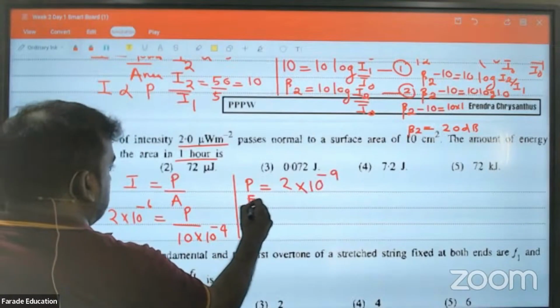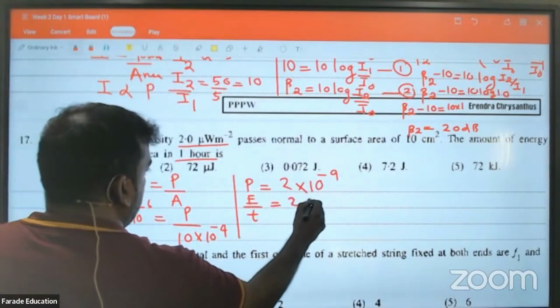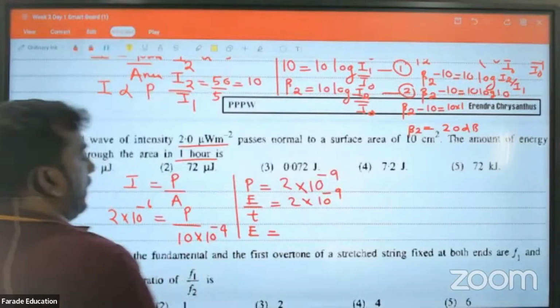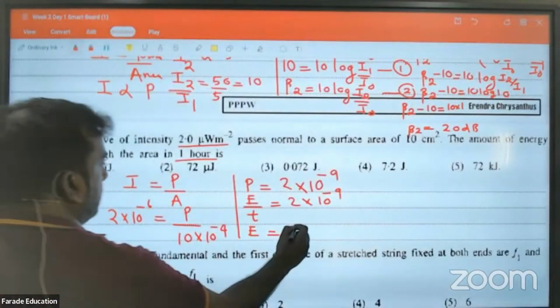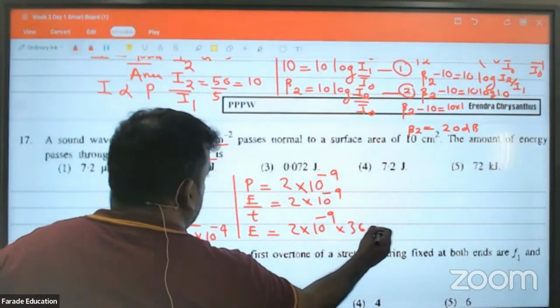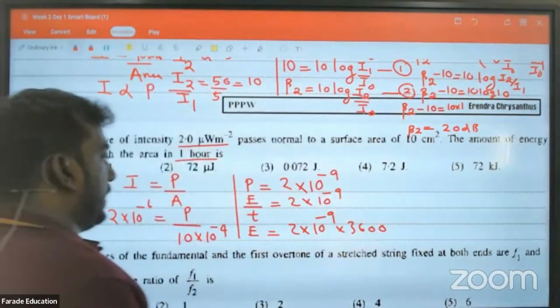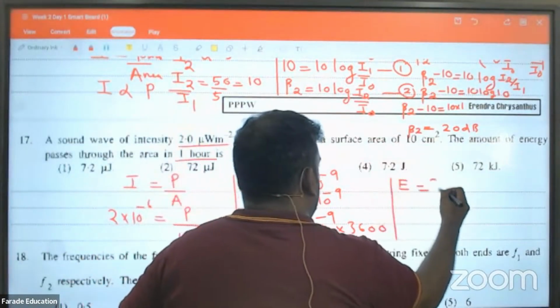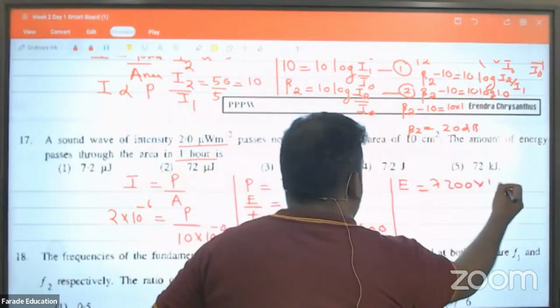Power is equal to 2 times 10 to the power minus 3 times 10 to the power minus 9. Power is energy divided by time. What are they asking? Energy in 1 hour. 1 hour is 3600 seconds. Simplify this: 7200 times 10 to the power minus 9.